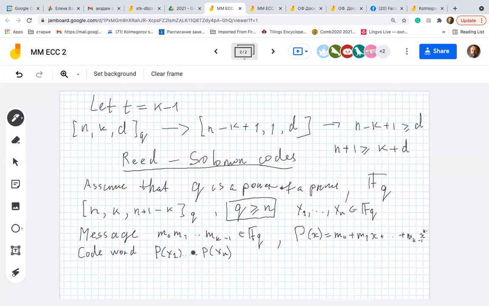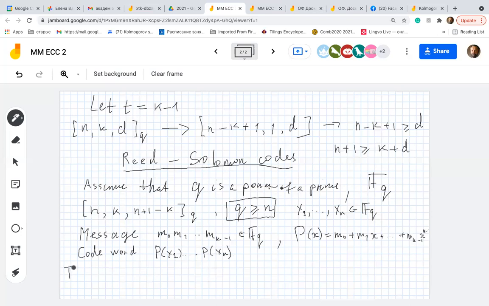And now you see that the block length is indeed n, the message length is indeed k, and a simple, well-known algebraic theorem implies that the minimal distance is at least n plus 1 minus k.